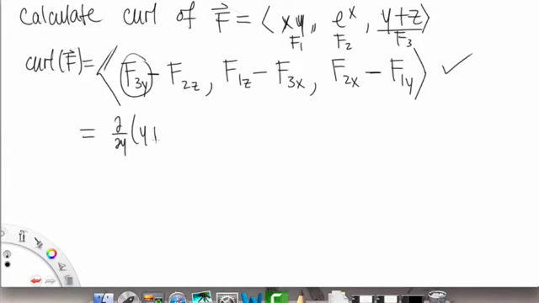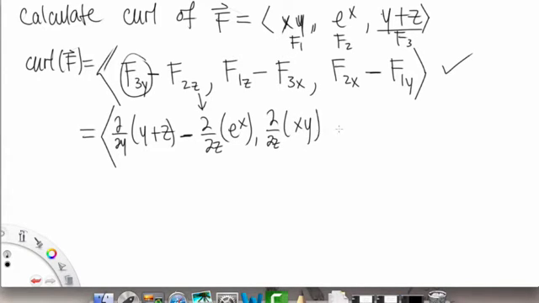We're going to have that for the first one, and then minus the partial with respect to z of f sub 2, which is e to the x. And then we have the partial with respect to z, but this time of f sub 1, which is x times y.